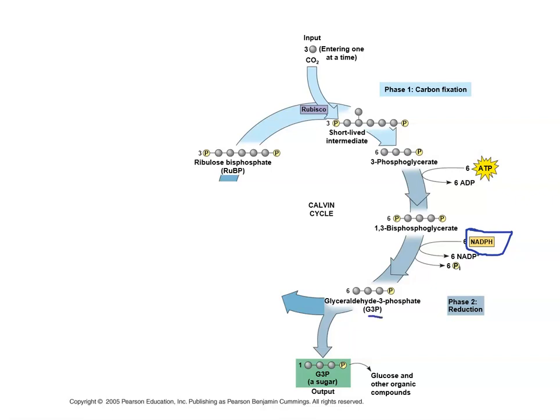Now this process requires energy, and that energy is supplied by ATP. So there's going to be 6 ATP, 1 for each of the 6 PGA molecules, 6 NADPH, again 1 for every molecule, and then we end up with 6 G3P molecules. Now this is the whole point here. This is a building block for a sugar such as glucose.